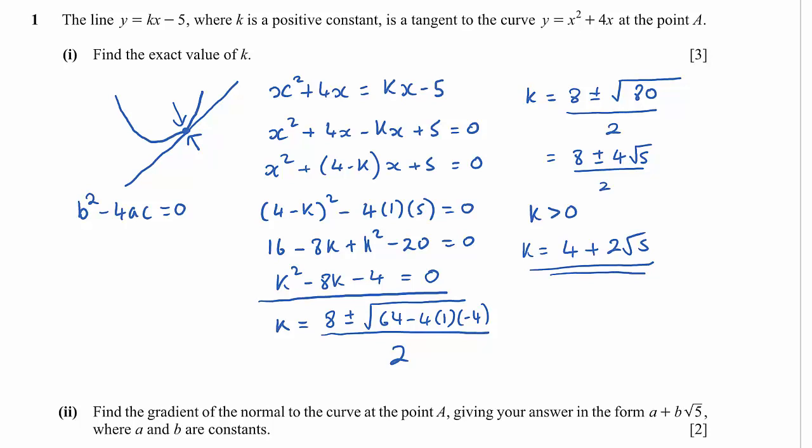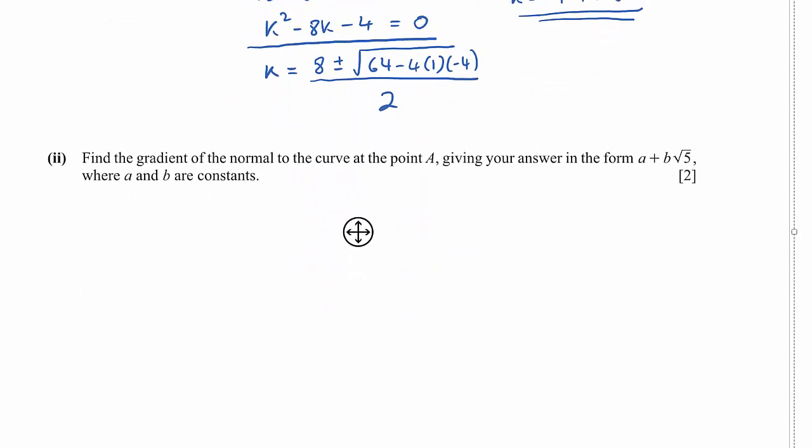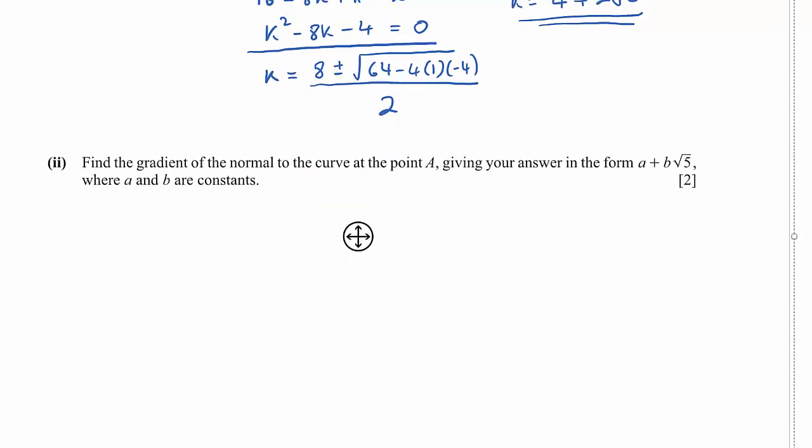Okay, so in the second part of the question here, find the gradient of the normal to the curve at the point A. In other words, we've just found the gradient of the tangent, which is this k. We want the gradient of the normal, and the normal is, of course, at 90 degrees.